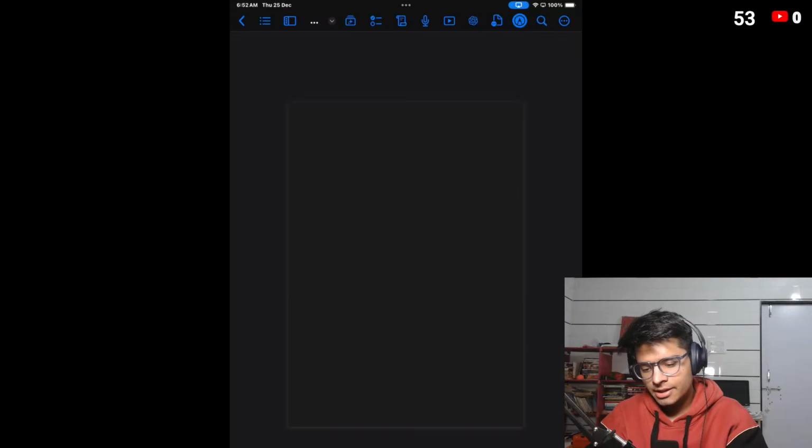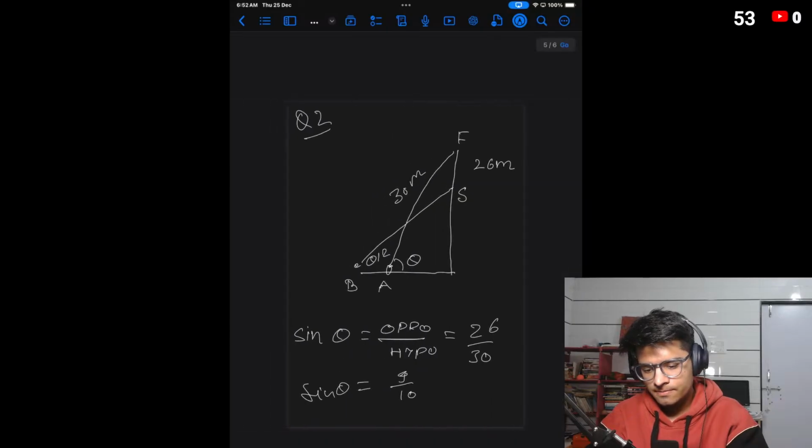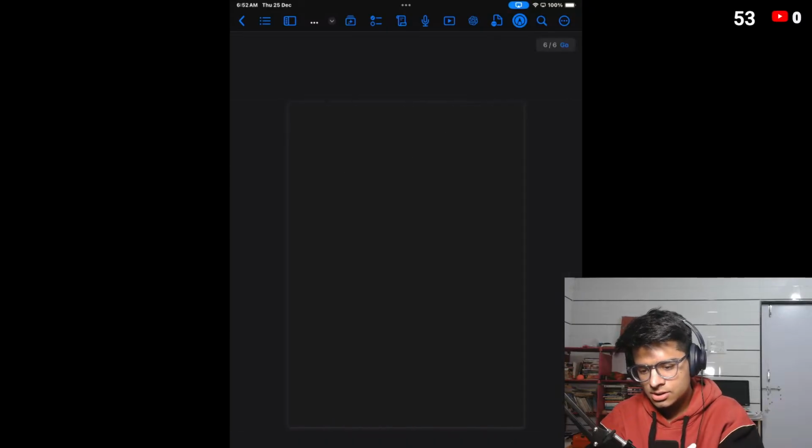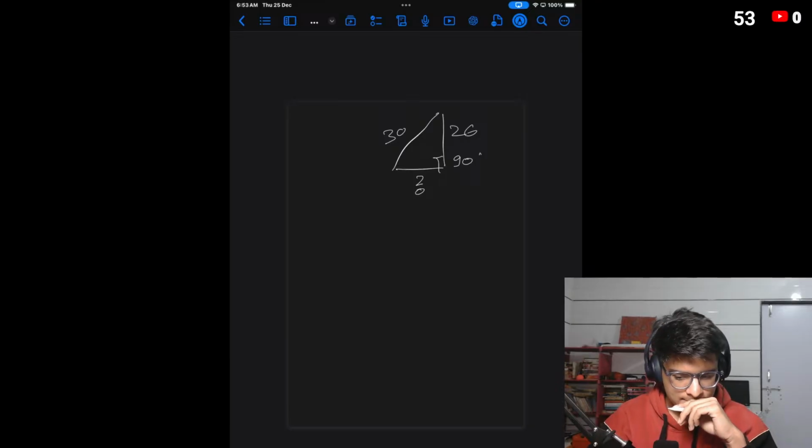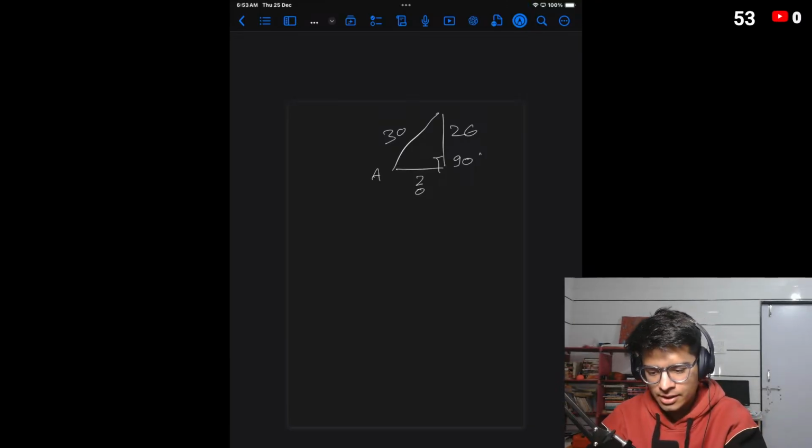But right now, because this is a right triangle, with a right angle here, this is 26 and this is 30, so we should be able to find this one. Point A, window 1.